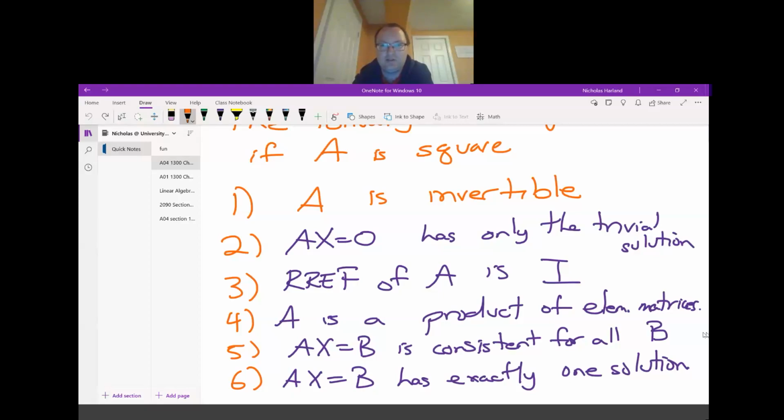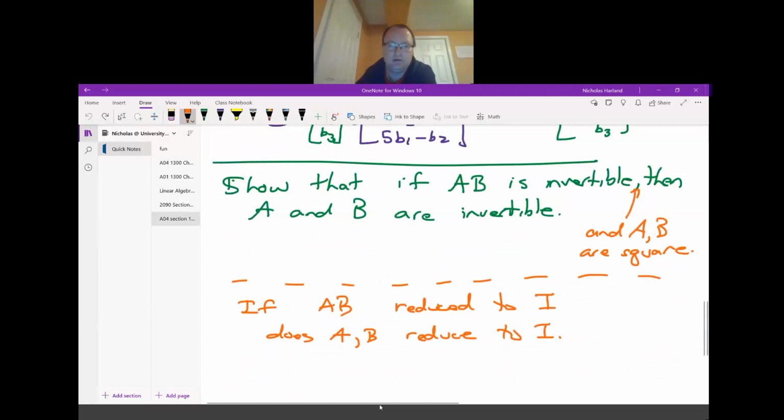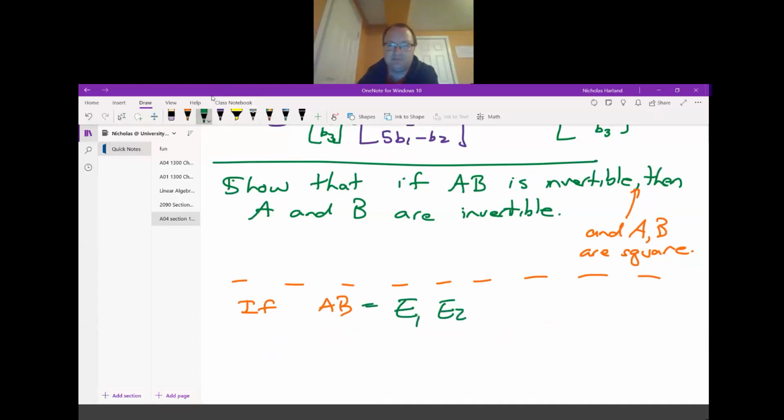Product of elementary matrices? Okay. So if AB is equal to a product of elementary matrices, then can we write A equals something and B equals something?